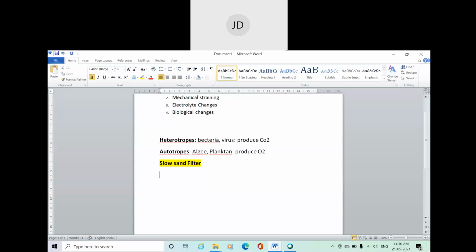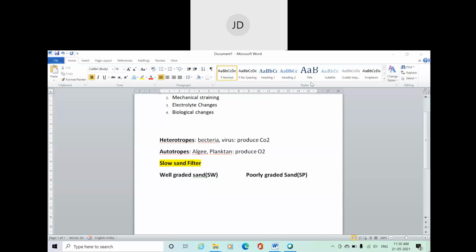I'm giving you two examples: one is well graded sand, and let's say poorly graded sand. So what grade of soil can be used in a slow sand filter? Do you have any idea? Anyone can answer, and why?